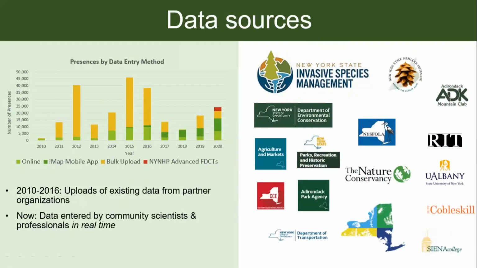Since then, in the past few years, the most important data source has been data entered by community scientists and natural resource professionals in real time, submitted online or using one of our field data collection tools. So we thank everyone across the state who has been submitting data to iMapinvasives. We really rely on you to keep our database current and up to date on where species occur at this time.